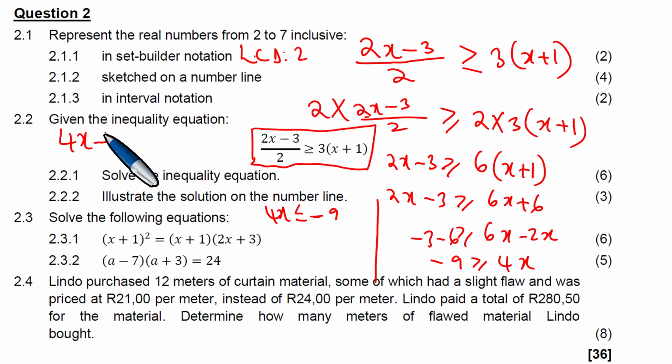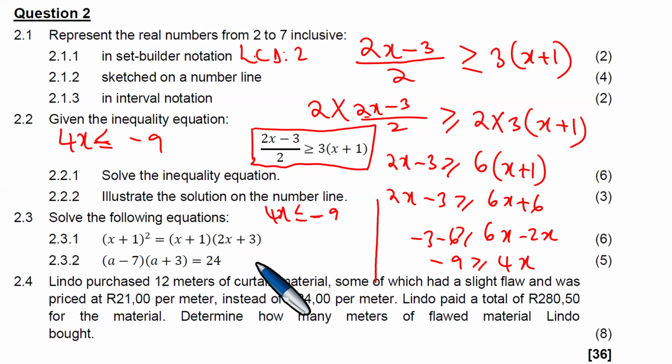I know that we can solve this. 4x is less or equal to minus 9. This is what we got here. But the question is, how do we solve this? What do we do to solve for x? That's the question. Solve the inequality. This is a past exam question.